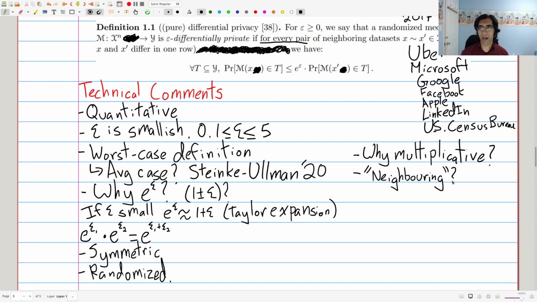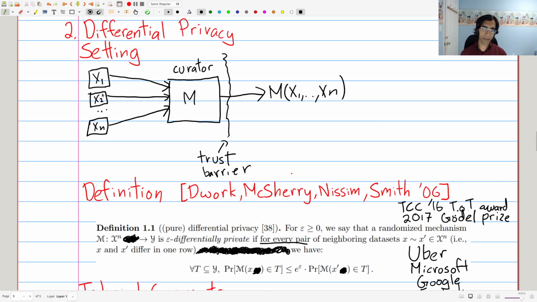But I'll use these two notions interchangeably. Neighboring data sets, we might say that they differ in one row, meaning that you take one user's data, say user X1, we imagine that they take their data point and change it to a totally different data point. That's one way of saying neighboring data sets.